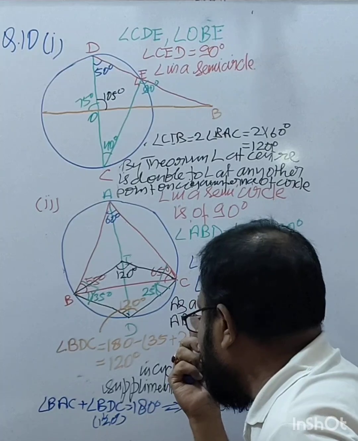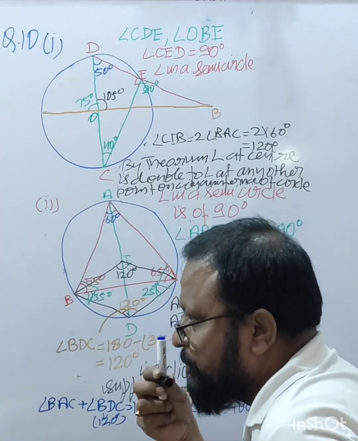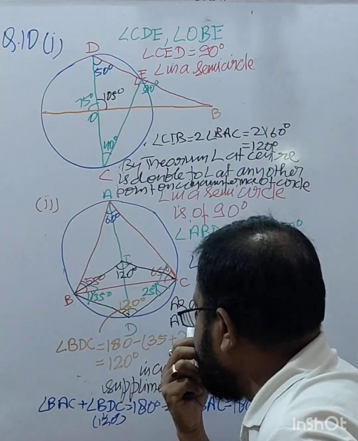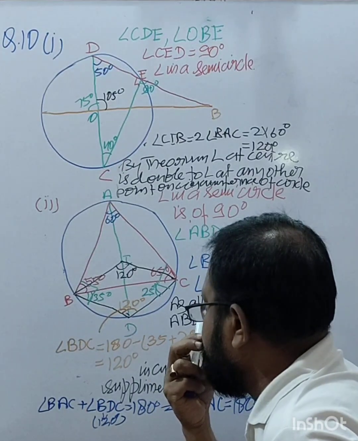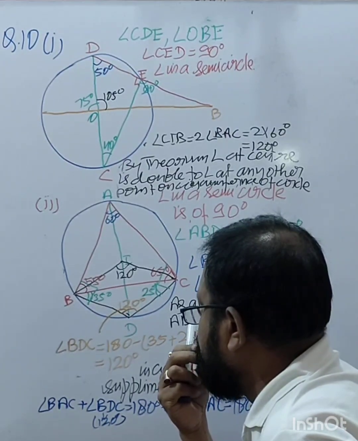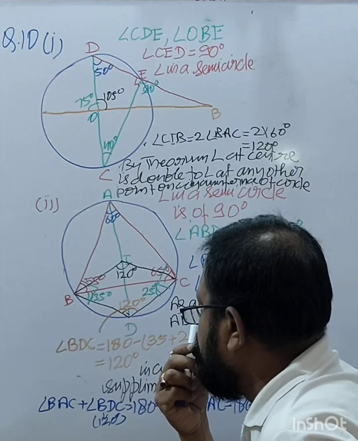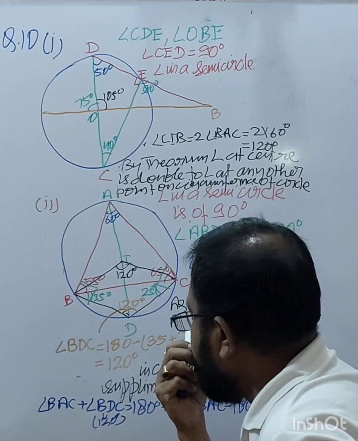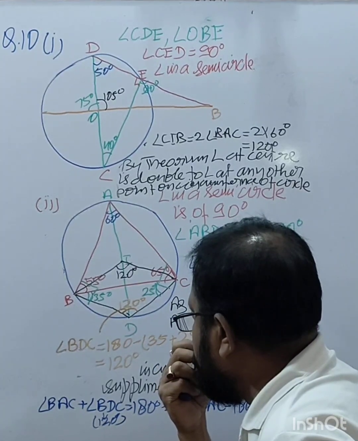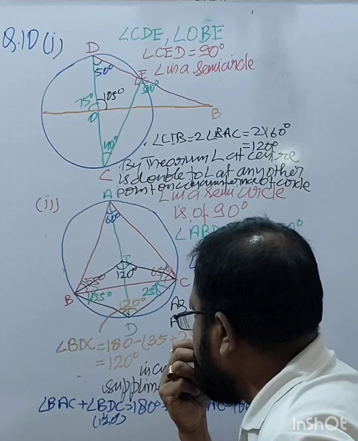Your answer is coming 37.5 degree. Sixty-two whole 1/2. You are asking for angle DCI.